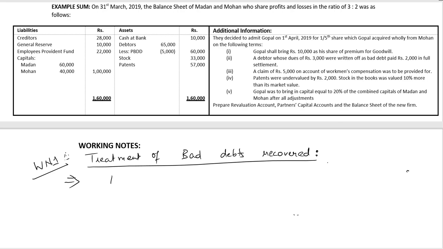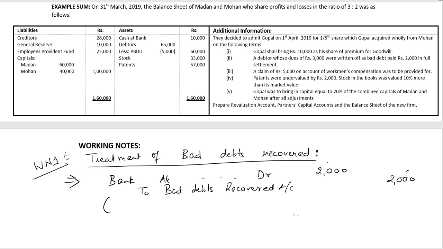The first journal entry, bank account debit to bad debts recovered account, rupees 2,000, being bad debts recovered.